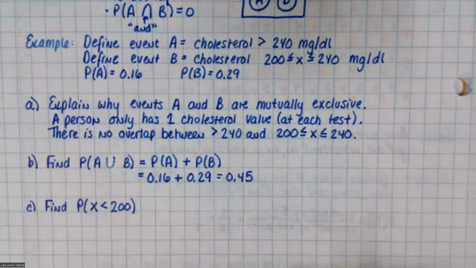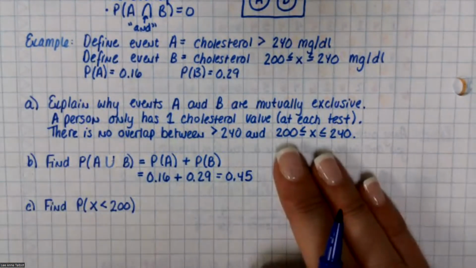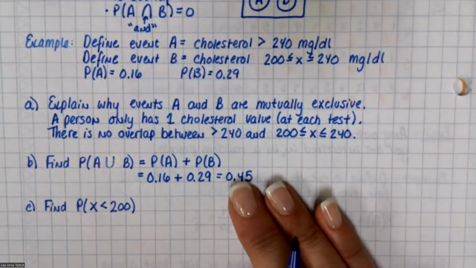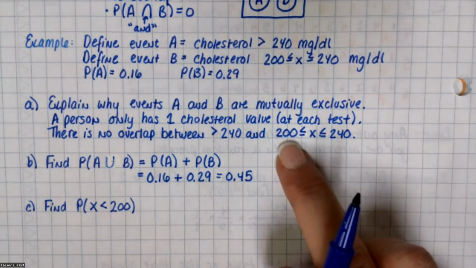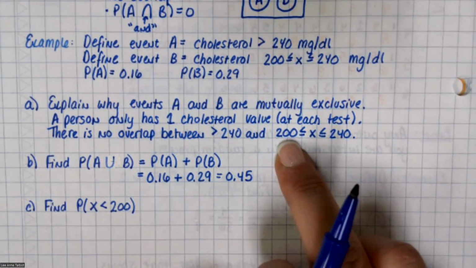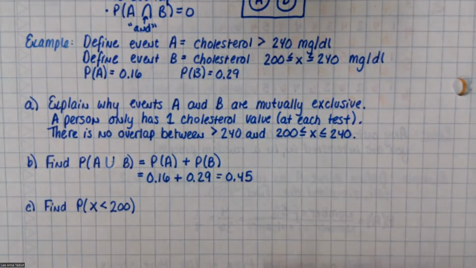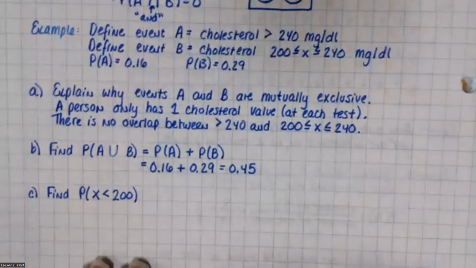So technically you could say there's a 45% chance of having a cholesterol over or equal to 200, because that counts everything.